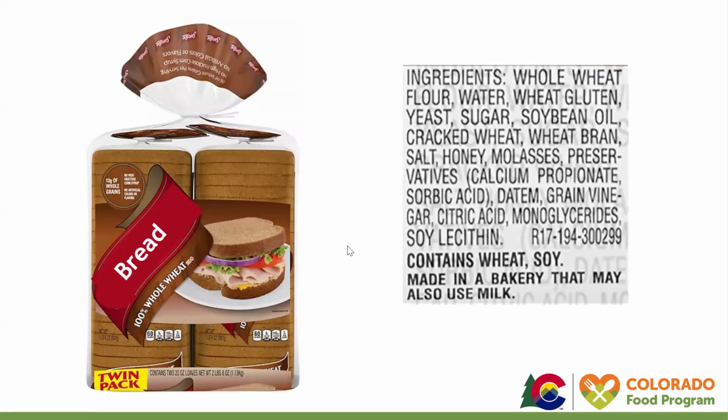So we see that word whole. The second ingredient is water. The third ingredient is wheat gluten, which we can ignore. And then there's yeast, sugar, oil, cracked wheat, wheat bran, salt, honey, molasses, and then there's no other green ingredients.